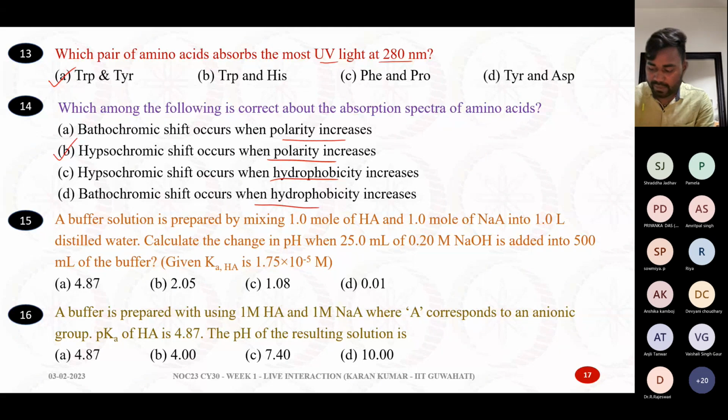Option A. Okay, so do you remember the trick, or do you know how to calculate it? Okay, we will try this question in upcoming slides.